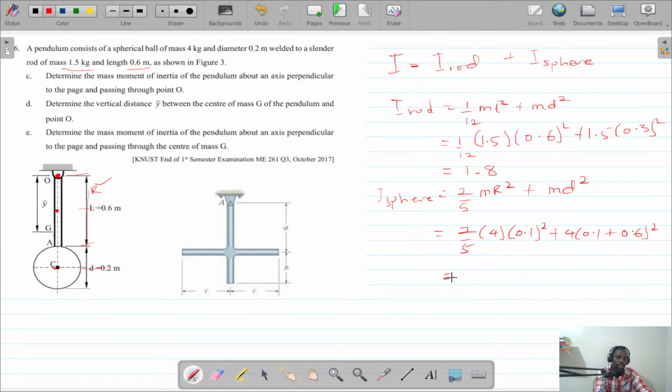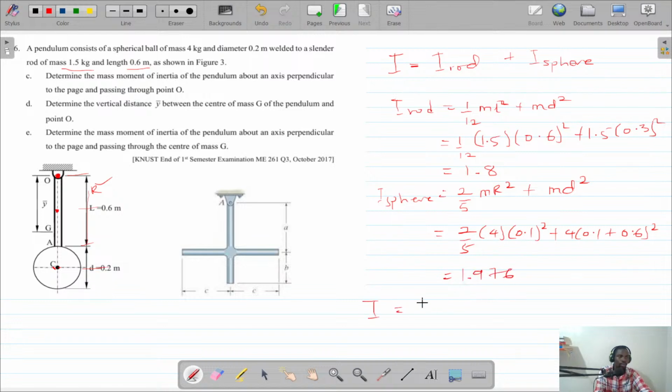Then we have 2/5 multiplying 4, multiplying 0.1 squared plus 4, 0.1 plus 0.6 squared. This one gives us 1.976.